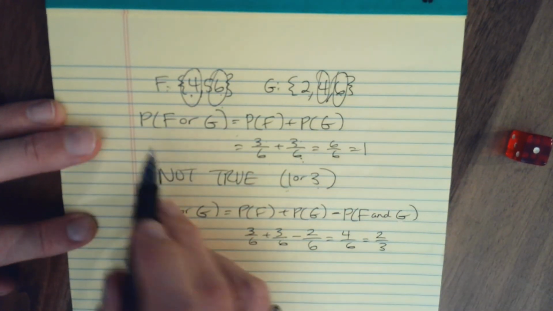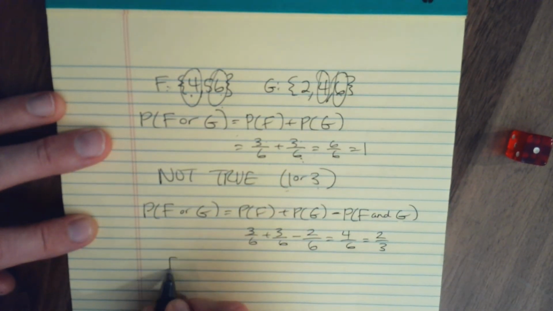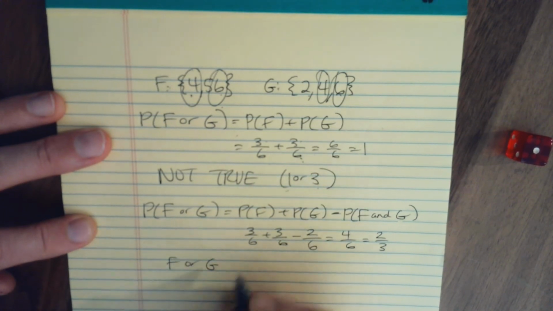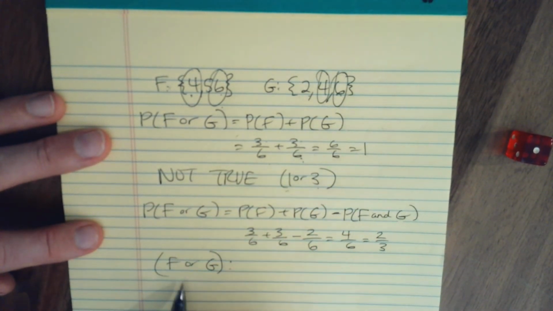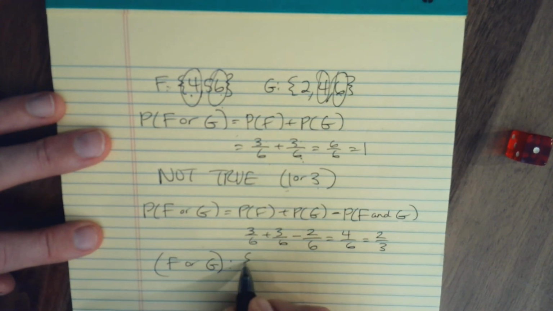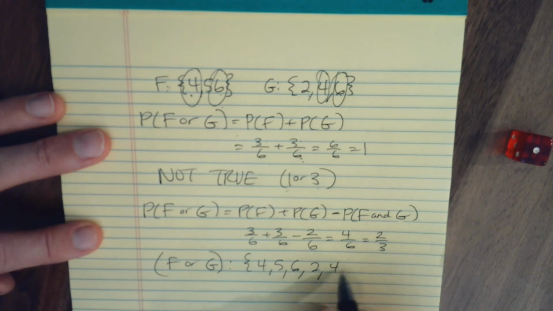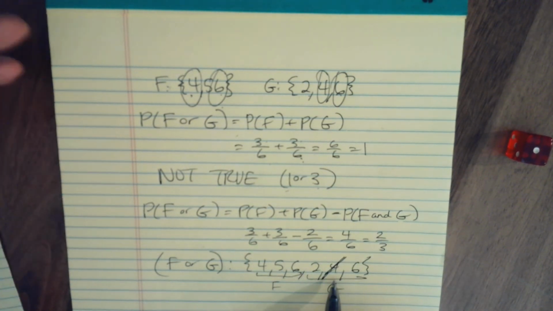Now, remember F or G, this set is the collection of things that are in one or the other. So 4, 5, 6, 2, 4, and 6. So these were the elements in F, and these were the elements in G. But notice the 4 repeats here, and there aren't 2 different 4s.